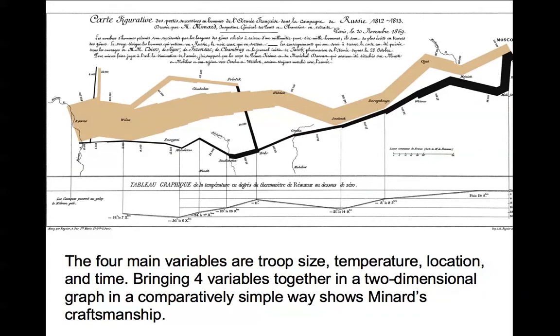So here it is here. The four main variables in here are troop size, temperature at each site, time, and location. So he brought four variables together in a two-dimensional graphic.